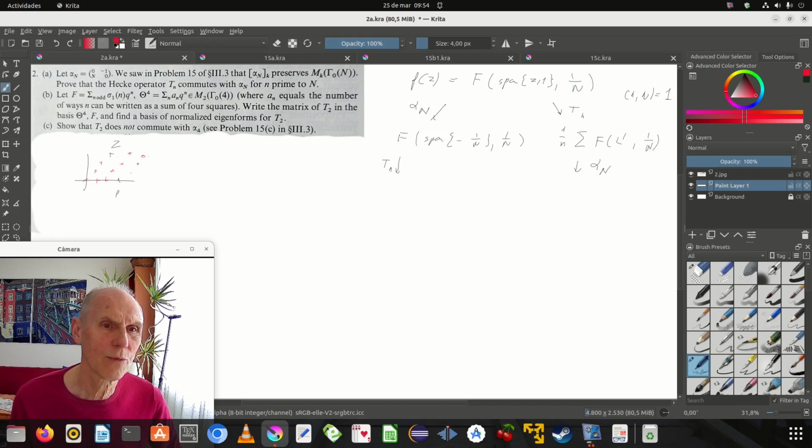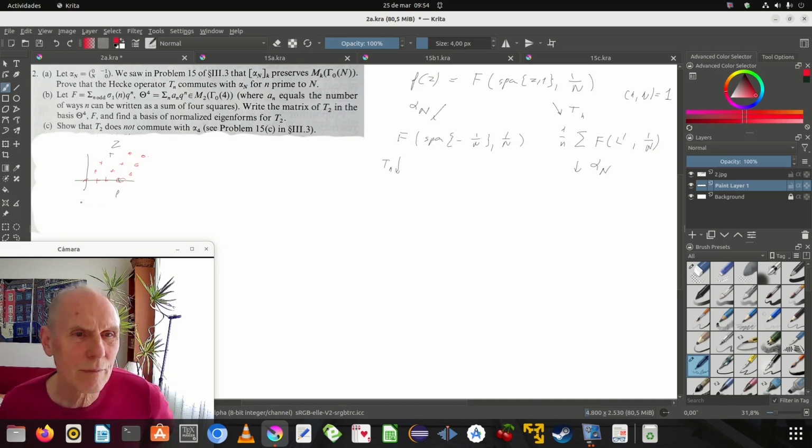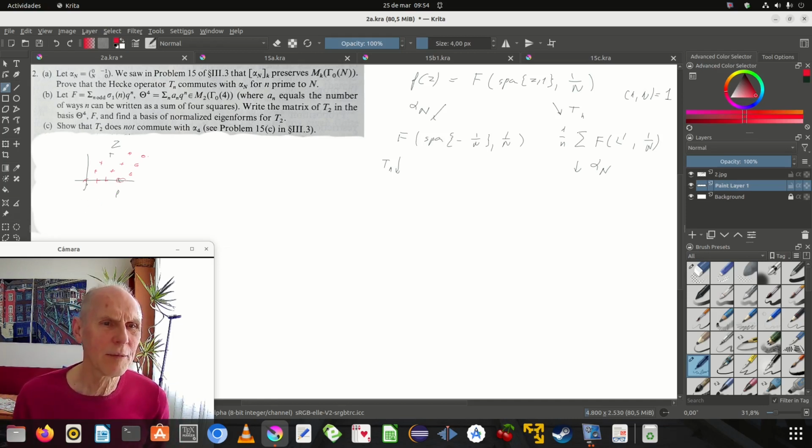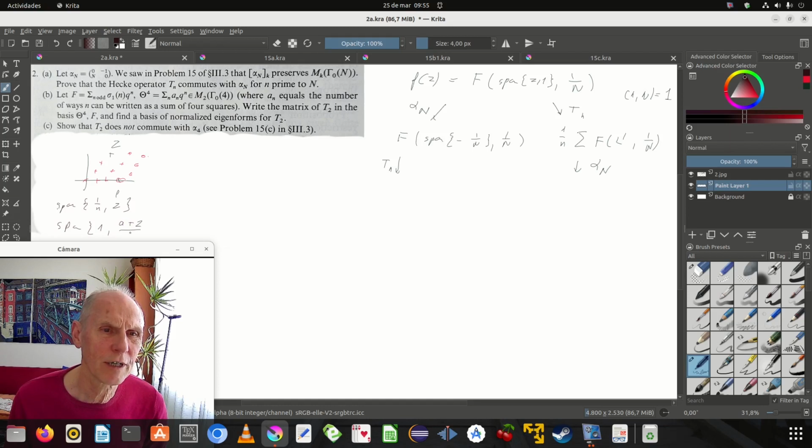Just finish it off. Then the generators can be 1/nth and z, and it can be unity and a plus z nth.